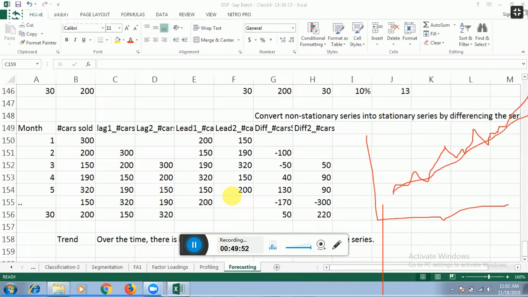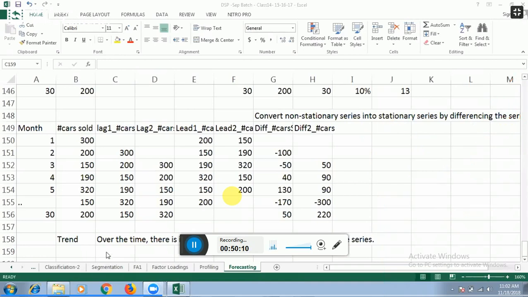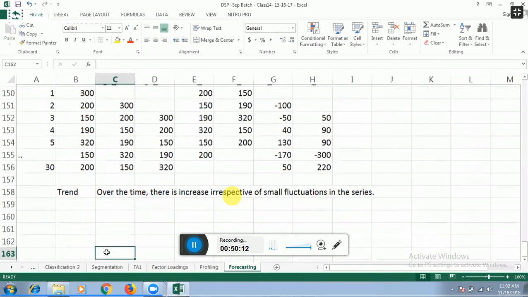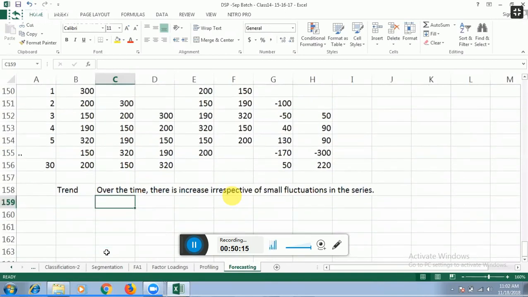It's an increasing trend, what we call a positive trend. Something like this, decreasing over time, is what we call a negative trend. The trend is nothing but over a period of time it's increasing or decreasing. The types of trend are a positive trend and a negative trend. If there is no trend, it will be flat.